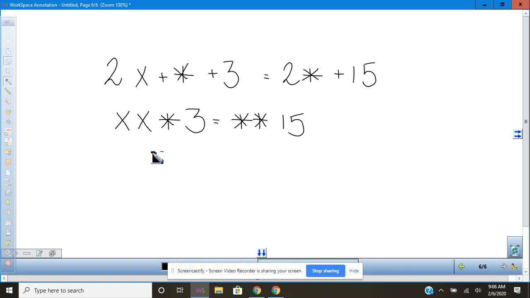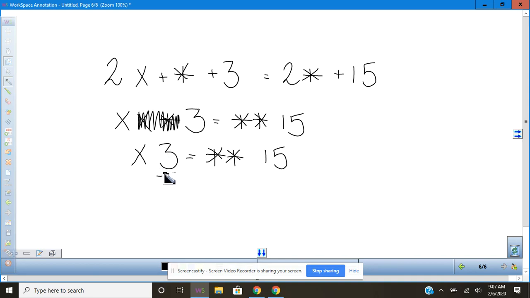The last time we did the problem, we got rid of our convenient zero pair. And then I like to rewrite it every time so that I can see what I have left. So now I have x and a 3 equals 2 stars and a 15. Well, I can get rid of one of these numbers, and I always have to get rid of the smaller number.